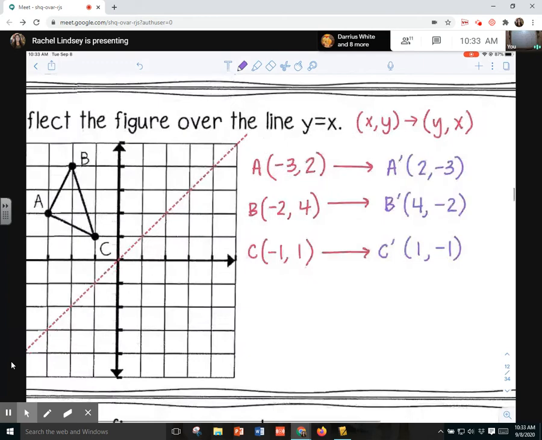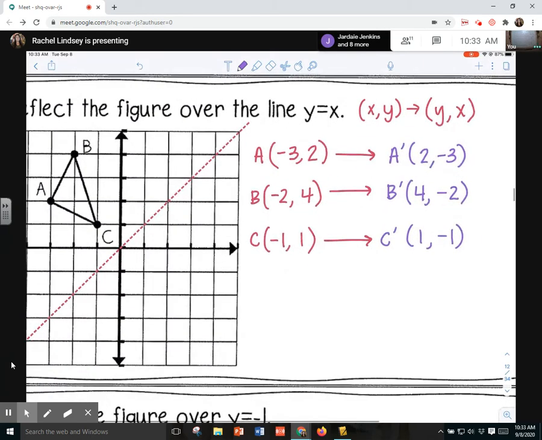So I'm going to be at 2, -3 for A prime. 4, -2 for B prime. And 1, -1 for C prime.